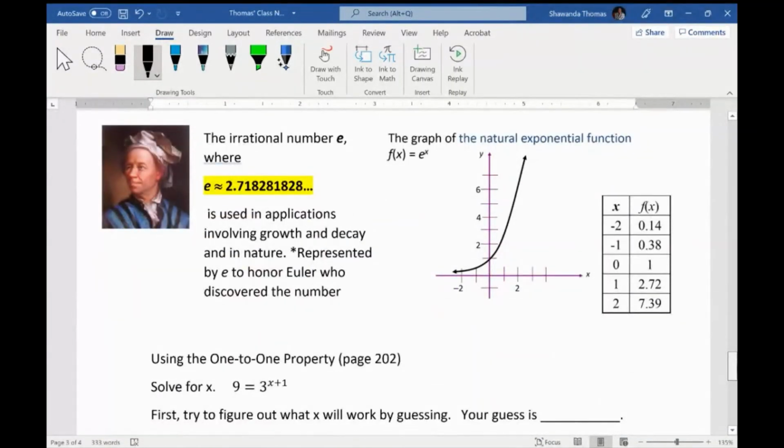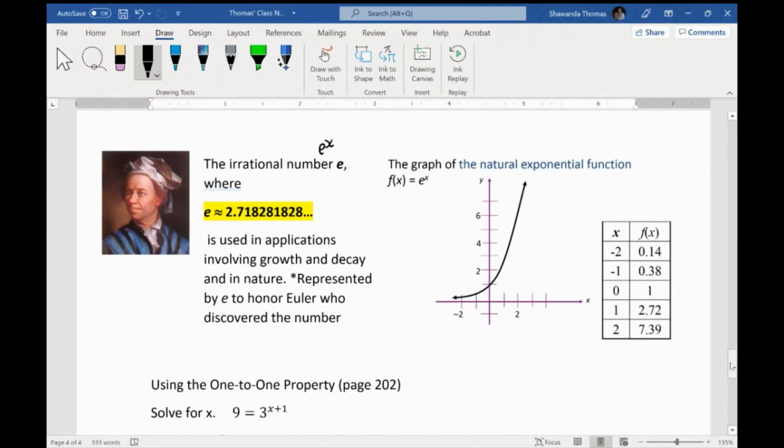Let's move on to something called the number e. Have y'all seen this number before? e to the x, for example. It's approximately 2.7 something. Sort of reminds you of another number with a symbol. What number is that? Pi, which is approximately 3.14.